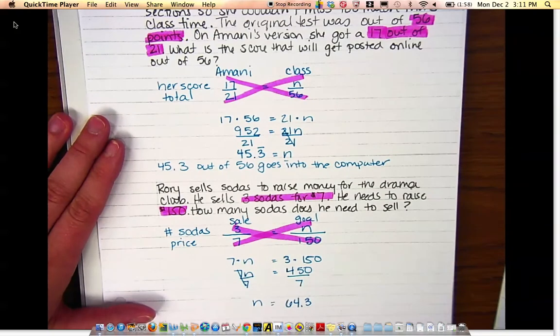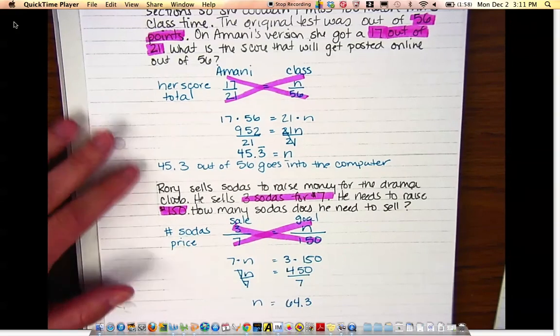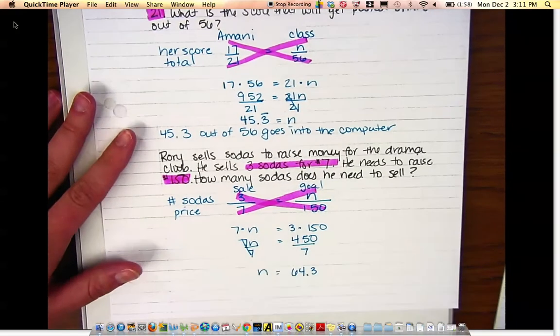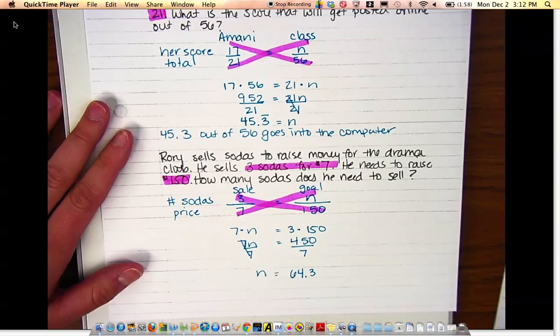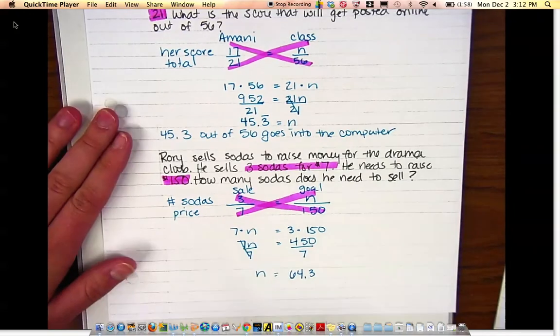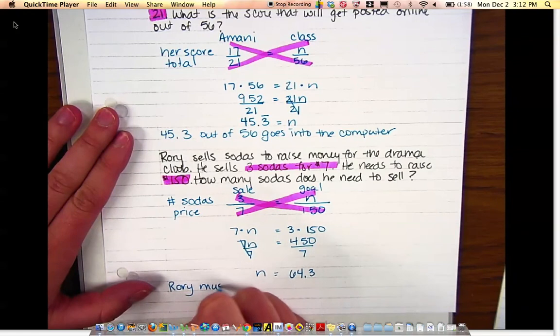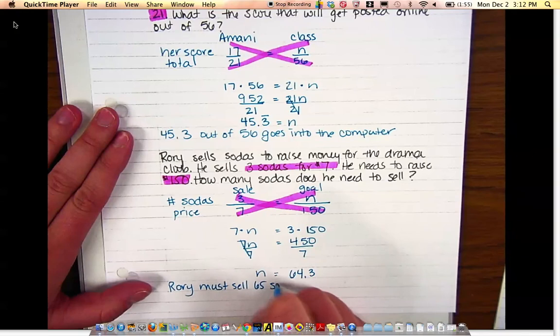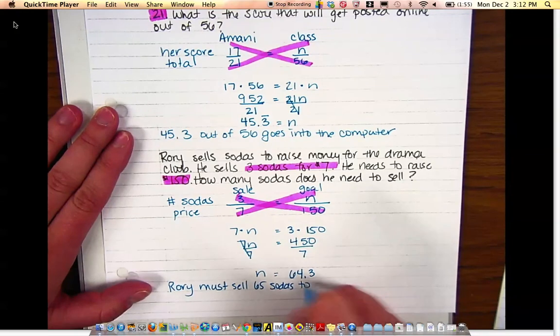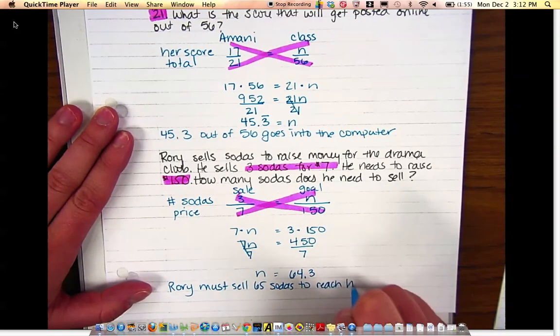Well, I can't sell 0.3 or 3/10 of a soda. So in order to meet his goal, he's going to have to sell 65 sodas. So Rory must sell 65 sodas to reach his goal.